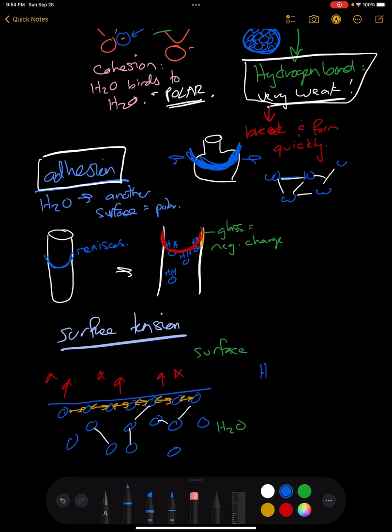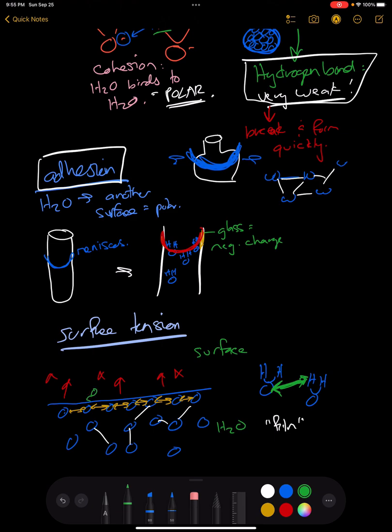So the water molecules, here's a water, and then here's another water. These bonds that form between them actually become tighter. And because these become tighter, that's going to form a film on the top. And that film is going to allow different types of things to be able to float on top.